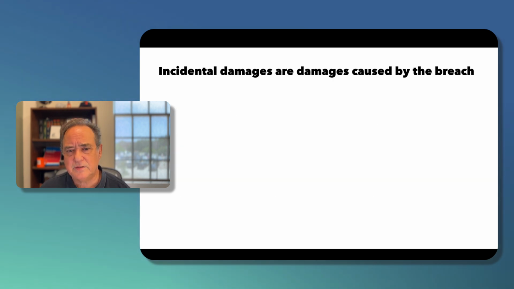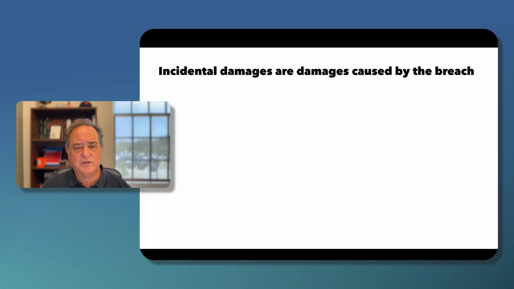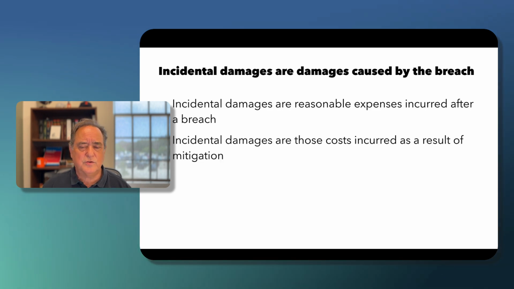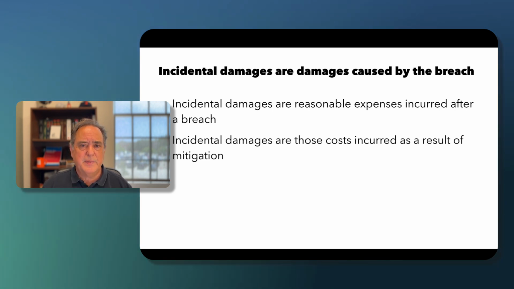Now, incidental damages are damages caused by the breach. They are directly caused by the breach. They are the reasonable expenses incurred after a breach. And for our purposes, incidental damages are those costs that were incurred as a result of mitigation. So we know that parties have a duty to mitigate.